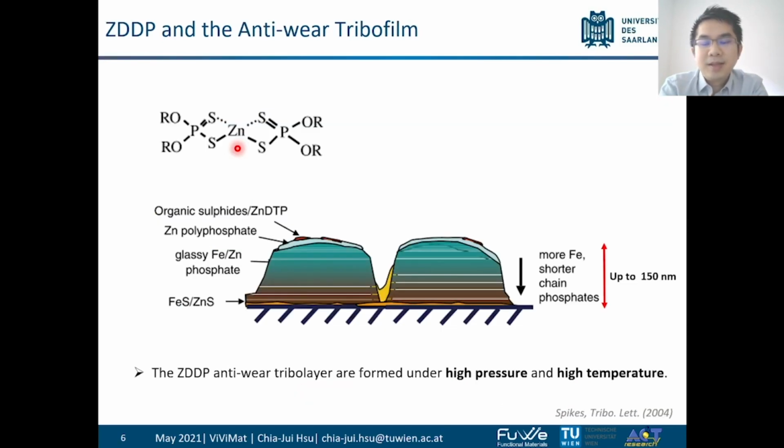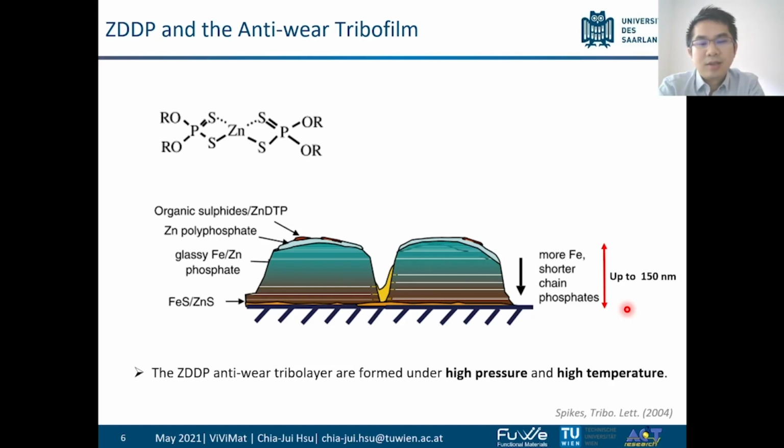So what is ZDDP? You can see this is a typical ZDDP. It is a long-chain compound centered by zinc with sulfur and phosphorus outside, and it is said in the literature that after high temperature and high pressure rubbing, a thin tribo layer is formed on top of the surface. The thickness is normally lower than 150 nanometers, and the width can be from 100 nanometers to several micrometers.